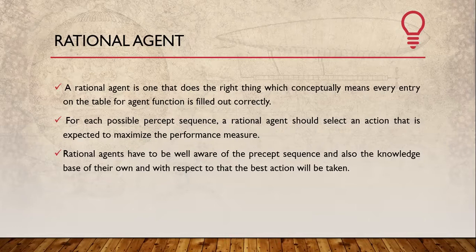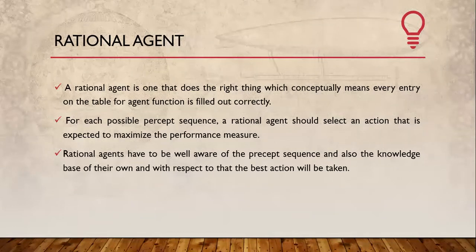Which means if there is a big table in which the input and the corresponding output is stored properly, then in that scenario the chances of the agent doing something wrong will drastically reduce. Of course we can never say that it is going to behave 100% in all scenarios, neither do we, but in most of the cases the ratio of doing the right thing is going to be very very high.